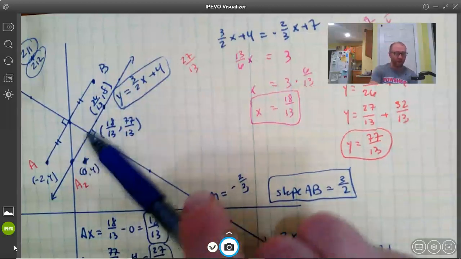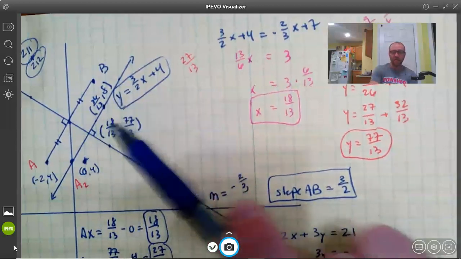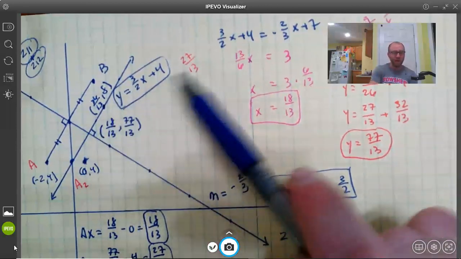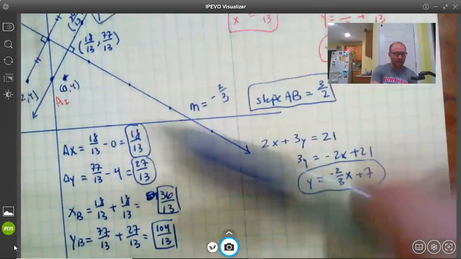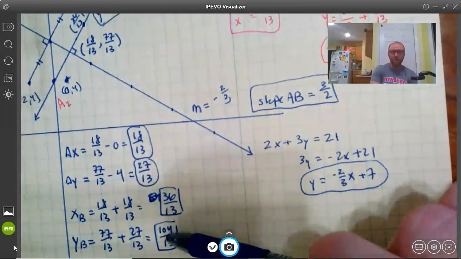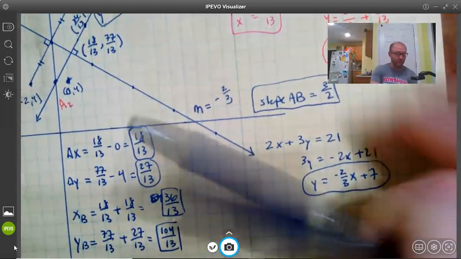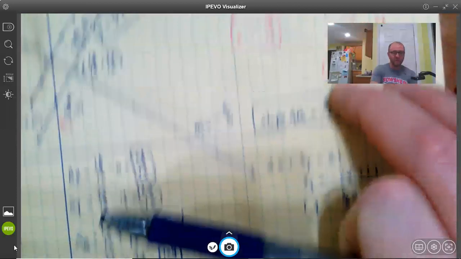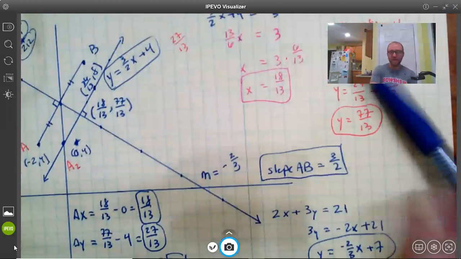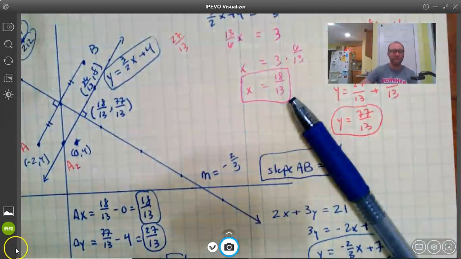Basically, we go over that much and up that much again. So we added them to the coordinates for that midpoint to find where B was, flipped over on the other side. It turned out to be 36 thirteenths, comma, this nice easy 8. And a problem like that takes a while.